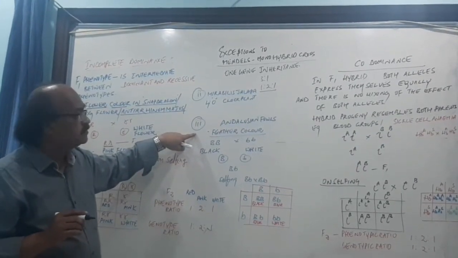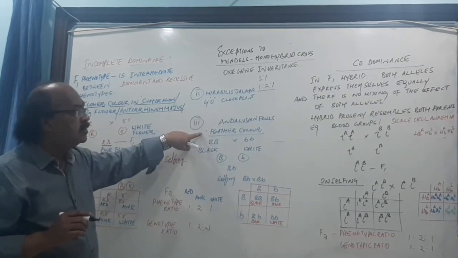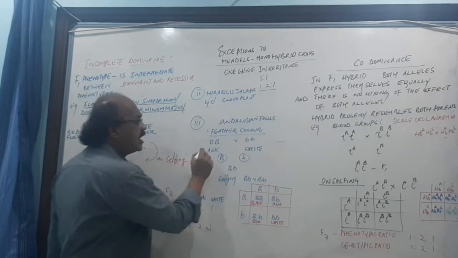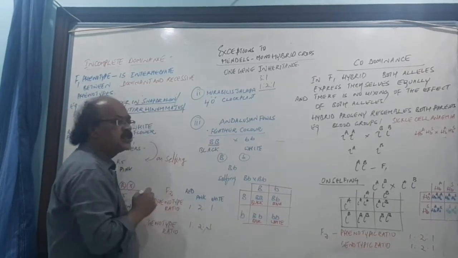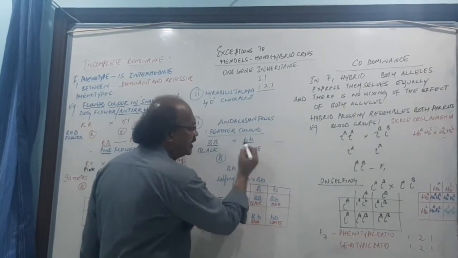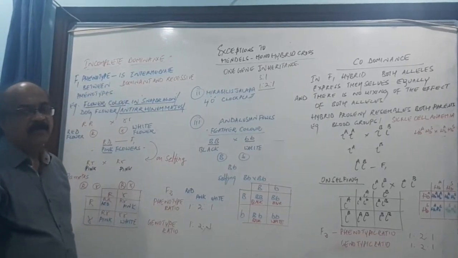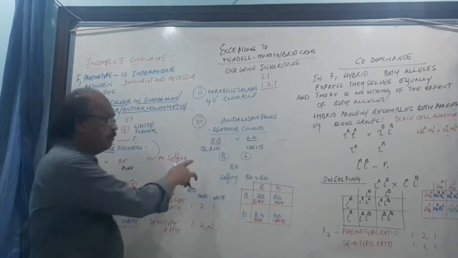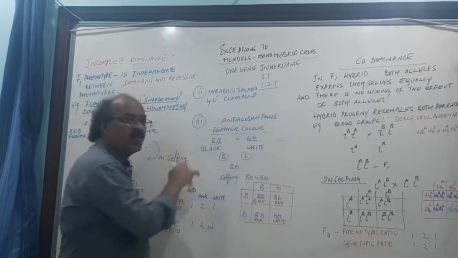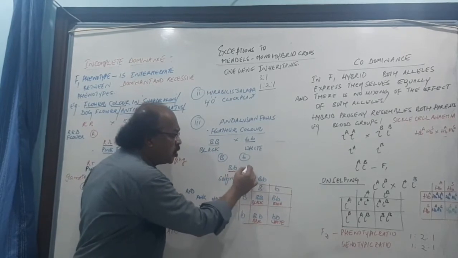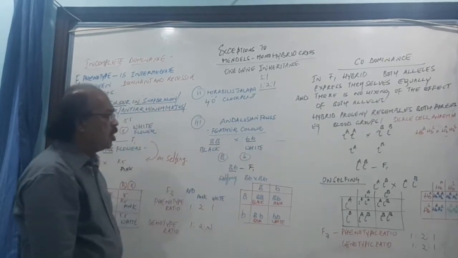And one more example, Andalusian fowls. Here in the Andalusian fowls, for feather color, black is dominant over white. Capital B, black. Small b, white. And in the F1, you got blue.